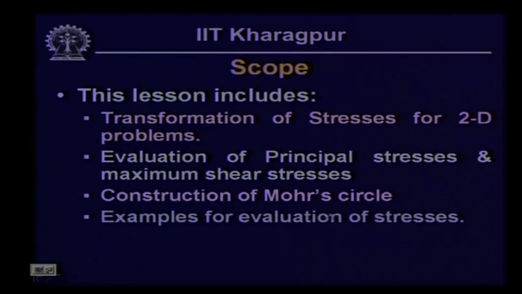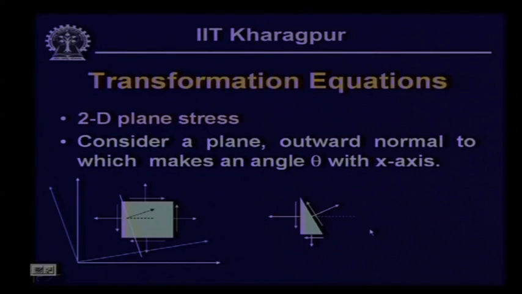We look into how we are going to draw a Mohr circle for evaluation of stress at a particular point in a stressed body. We will solve a few examples to demonstrate how the stresses can be evaluated at a particular point. Let us look into the derivations of the transformation equations.